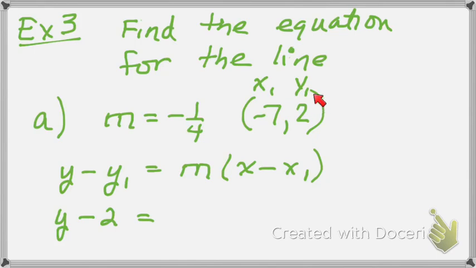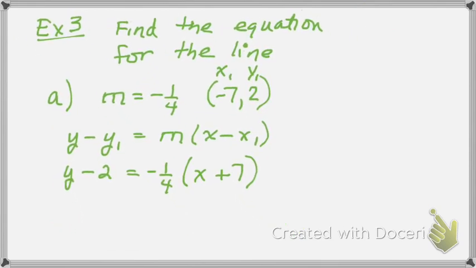So there's my y1. The opposite of y1 is -2. Your slope is -1/4. And then I have x, and the opposite of x1 would be what? +7? So y minus 2 equals -1/4 times x plus 7.